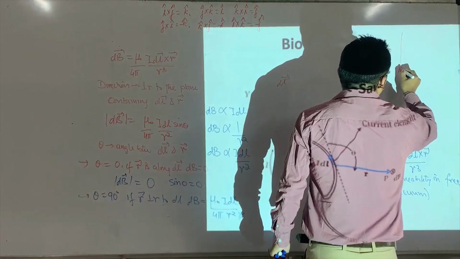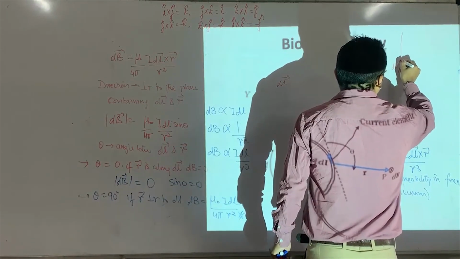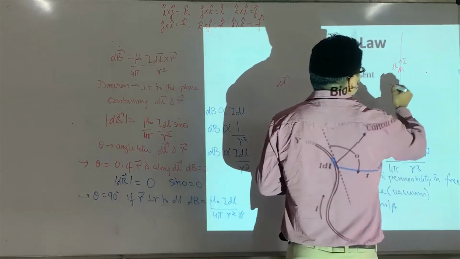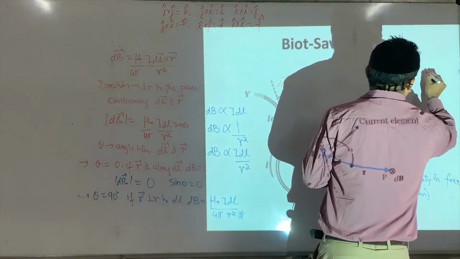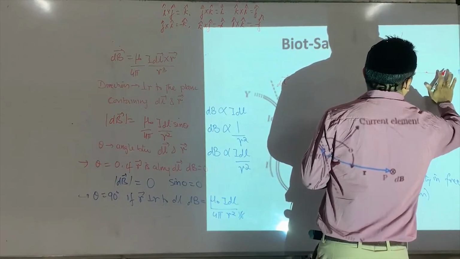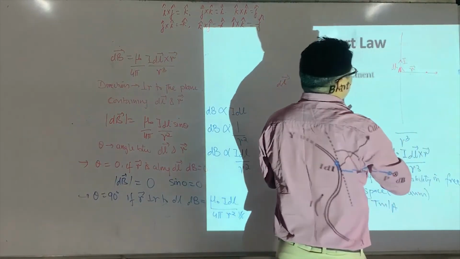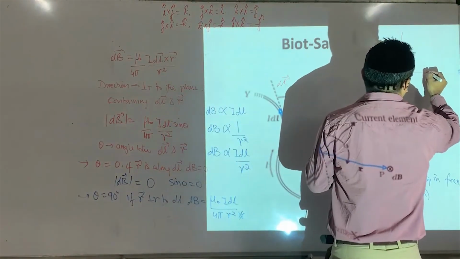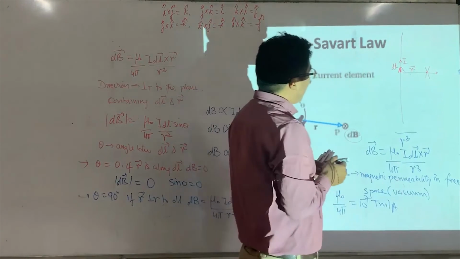I choose a small length element dl with current I. This is r, this is I, dl. Look at it, dl cross r. That angle is 90 degrees, so this is into the plane.